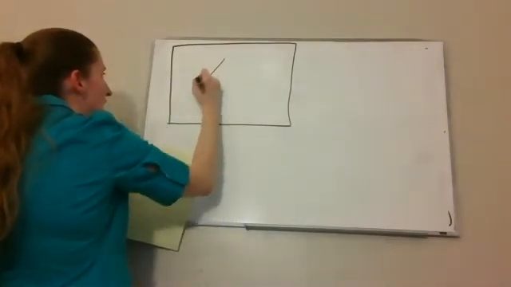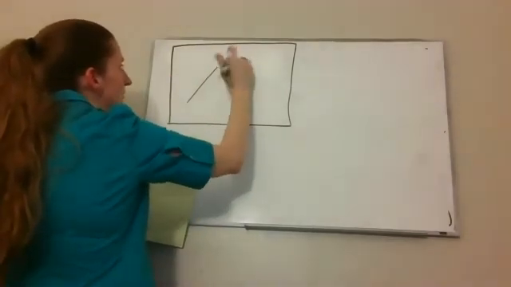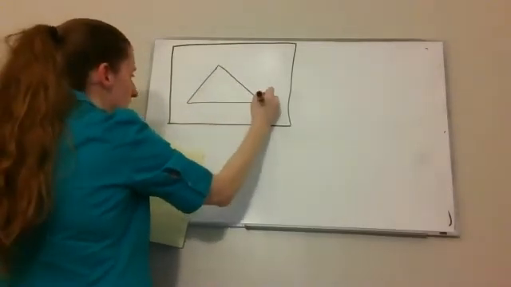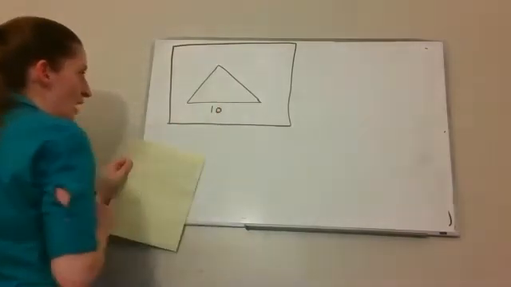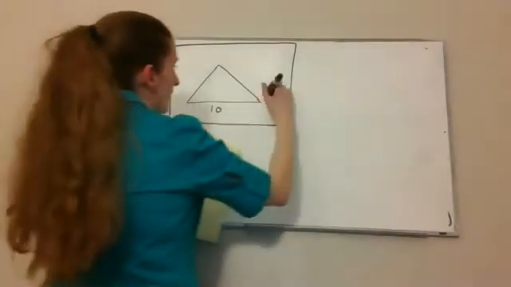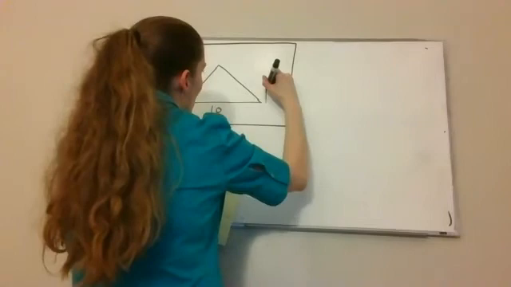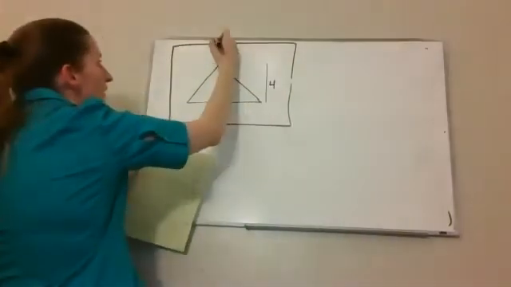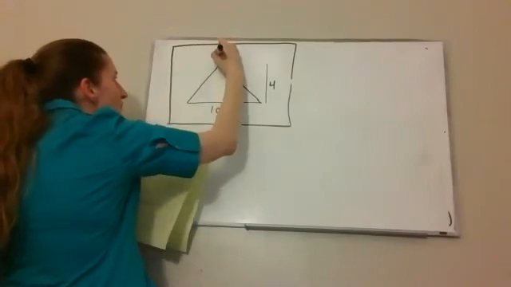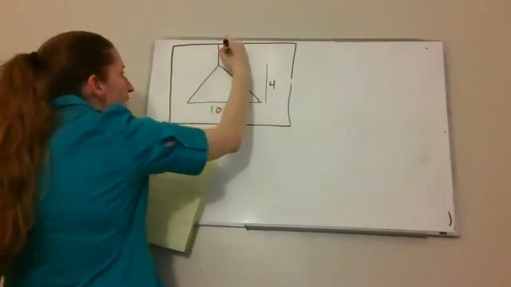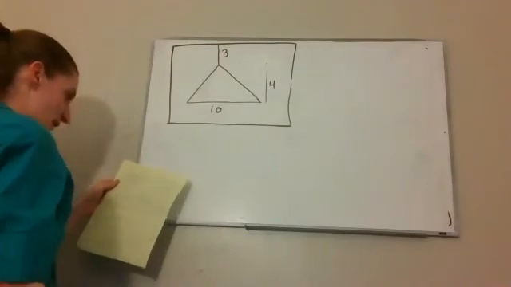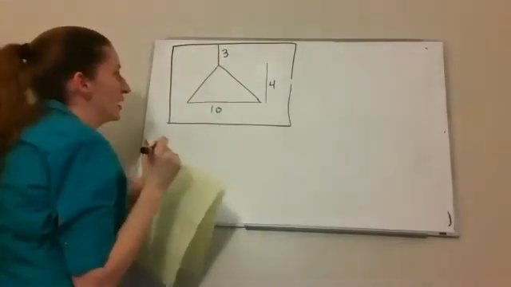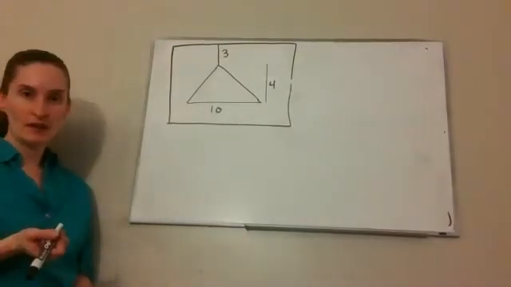I have an isosceles triangle, which has a base of 10 feet and a height or an altitude of 4 feet. The distance from the top of the oil to the top of the plate is going to be 3 feet. And this is the picture that would be provided for us on this problem.